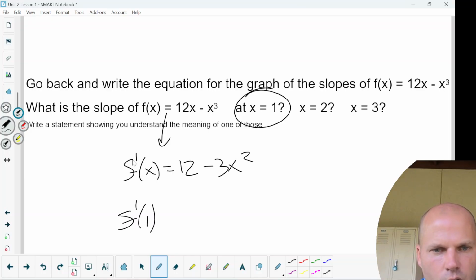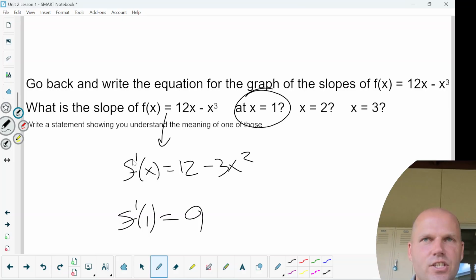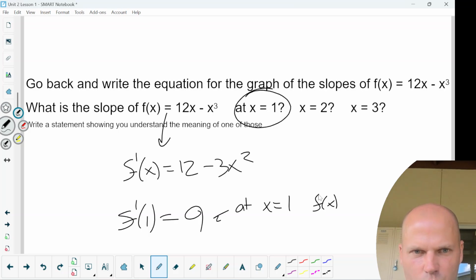What's f prime of 1? Oh my gosh, there's 9. I use the slope formula that we've developed to develop an equation. And now we know at x equals 1, f of x, which is 12x minus x cubed, is increasing 9 y per x.